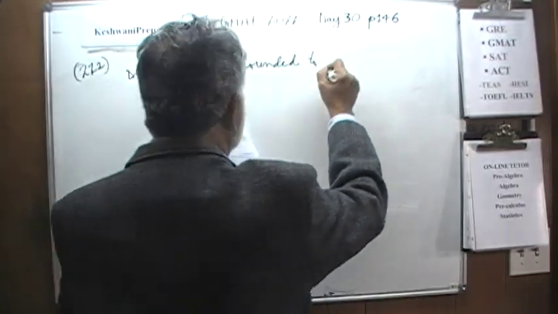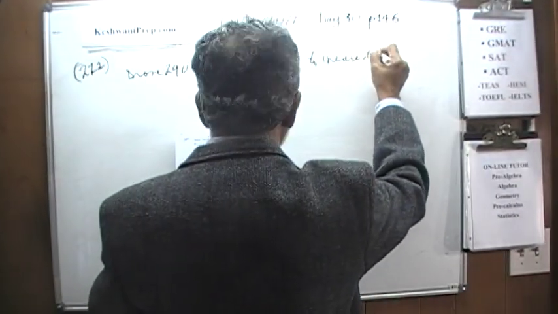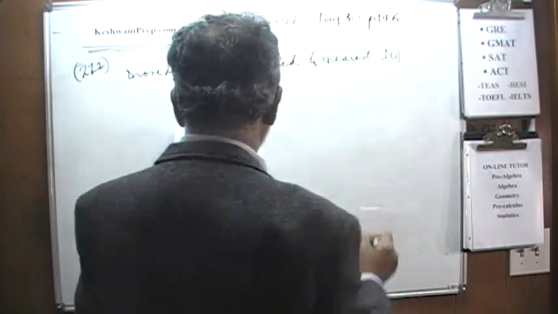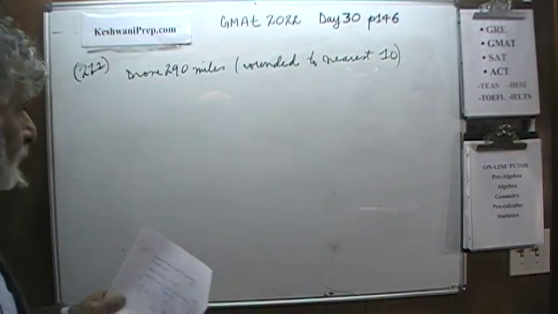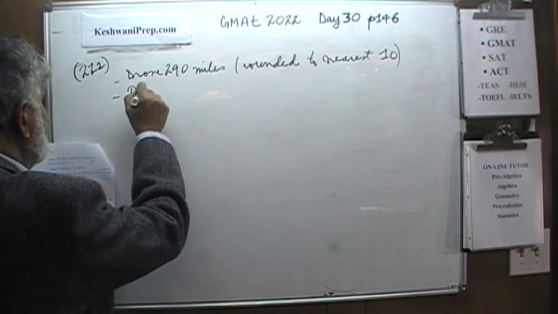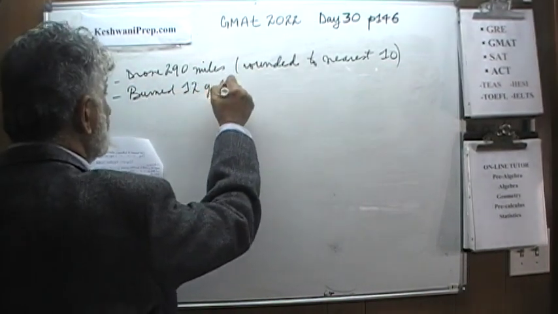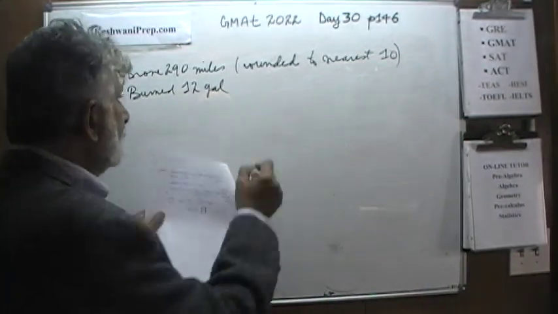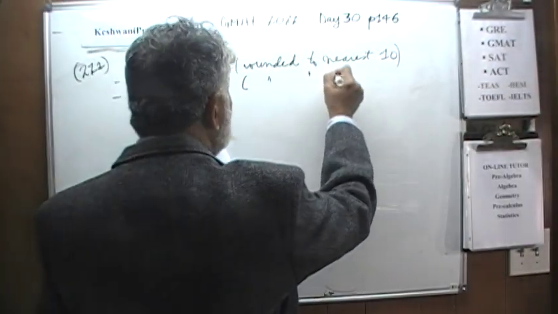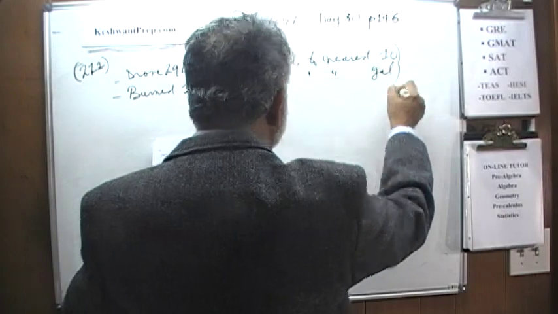to the nearest 10. And we are also told that we burned 12 gallons in the journey, which is rounded to the nearest gallon.